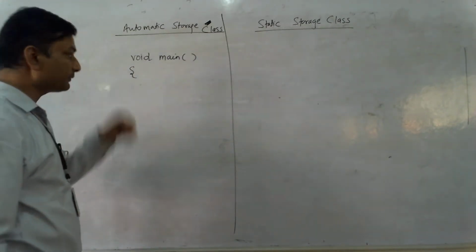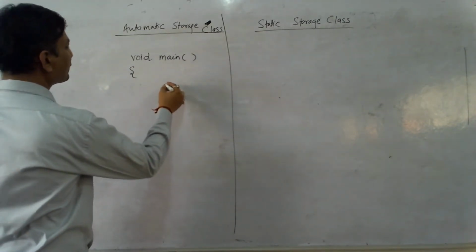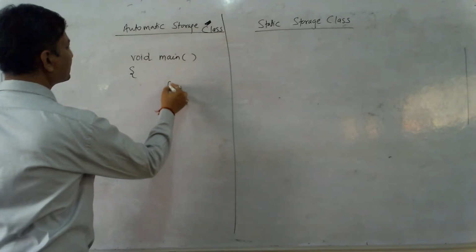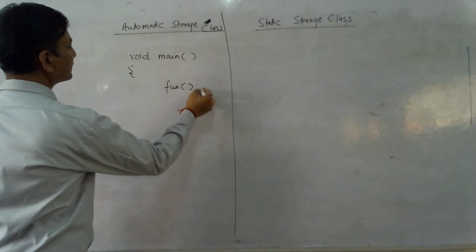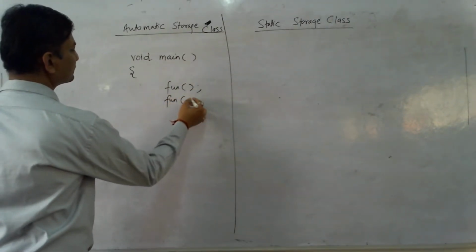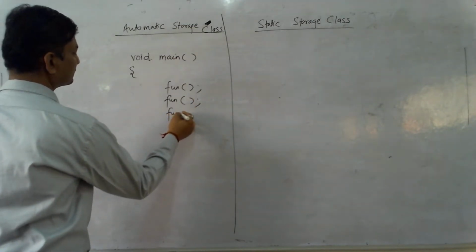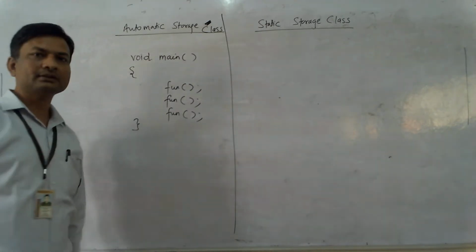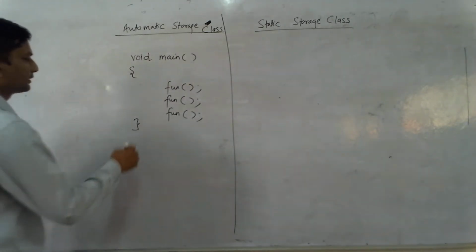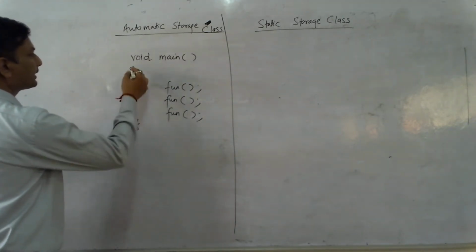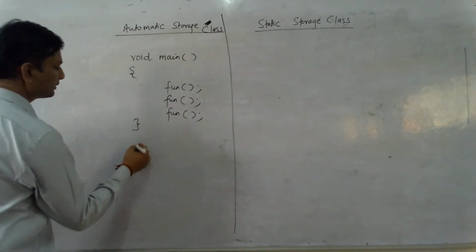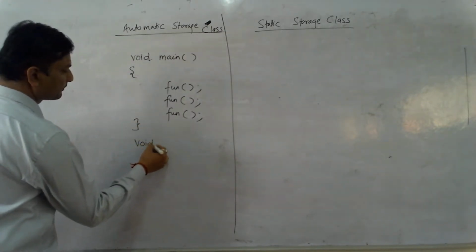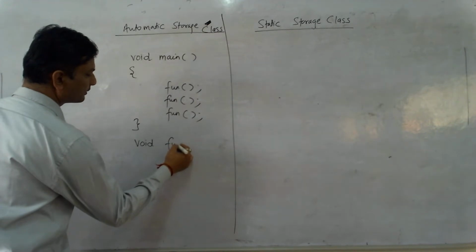In the main function, let me call a function named fun 3 times. I have called this function 3 times. After closing the main block, let us write this function fun.